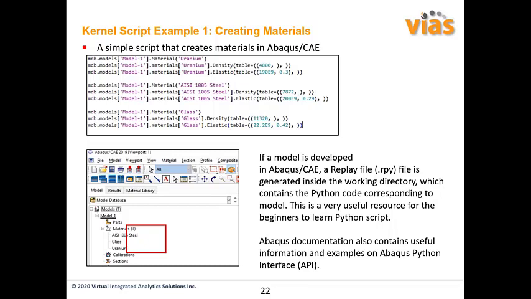This is a very useful way for new users to start learning what Python script looks like. For example, for creating the material, you can launch Abaqus CAE, create these materials manually, and it will create a replay file in the working directory. Then you refer back to that replay file and you can learn the commands. You will see these commands generated there. So that's a reverse way of learning it, but a very useful way for new users.